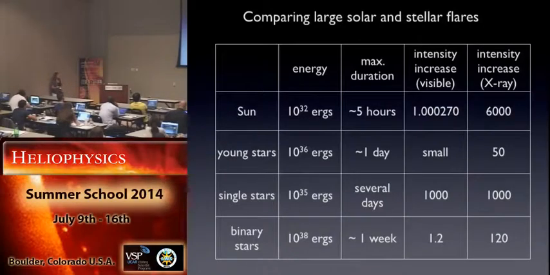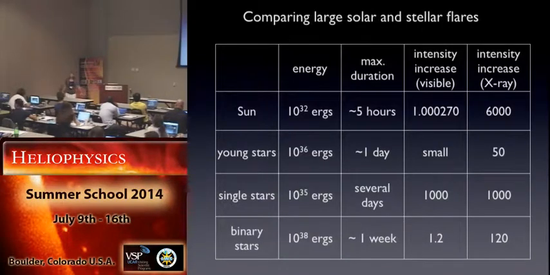And if you look at these other rows for very young stars, single stars, and binary stars, you can see that by and large, these numbers are much larger. That's an observational constraint: because we're looking at stars that are much further away, we're necessarily limited by the 1/distance squared restriction, so we can only see these very intense events.